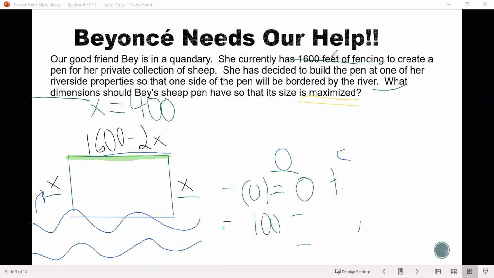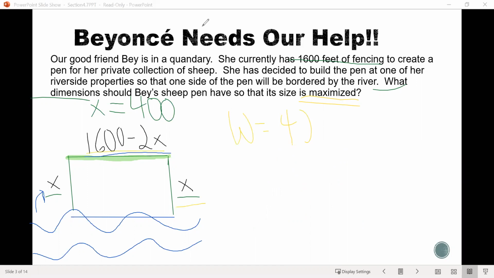So to do that, we need to take that now and plug it in for each of these values. The width, we see that that's just going to be 400 because that's the value for x. 400 feet, I should say.